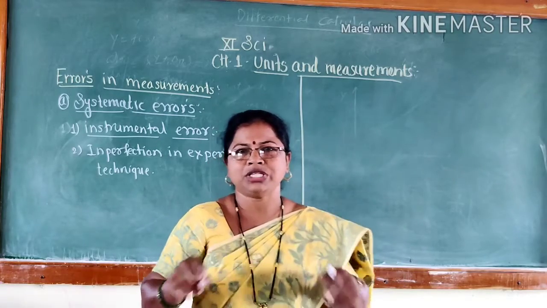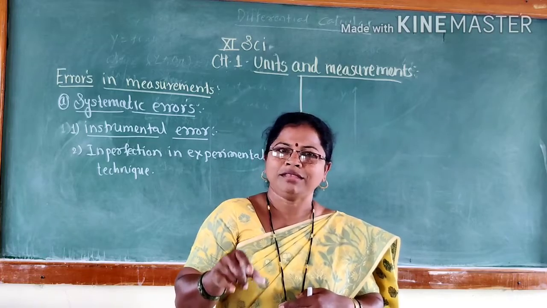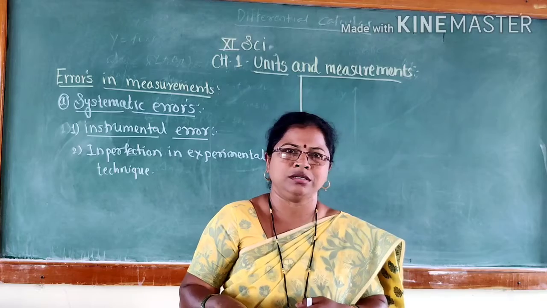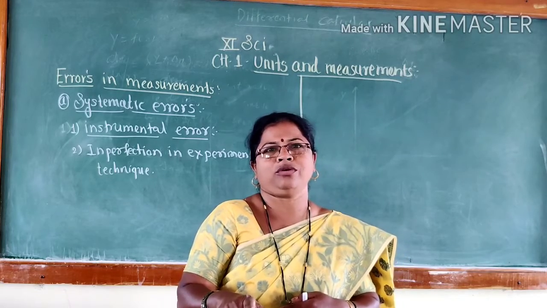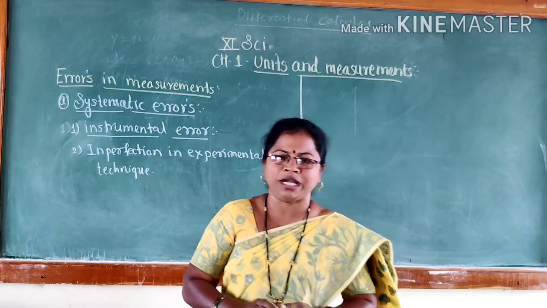If we are measuring length using a ruler, then we have to look from directly above it, then it will be accurate, otherwise not. Such types of errors are called errors due to experimental technique.